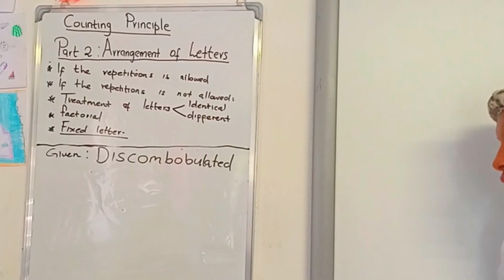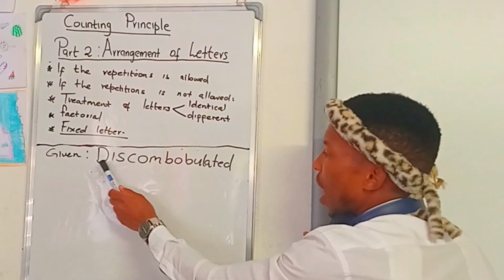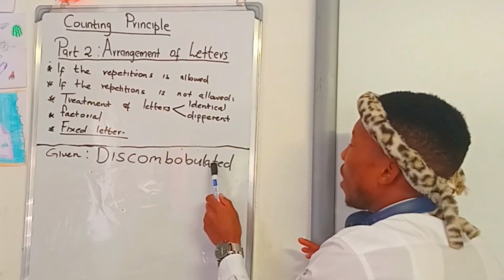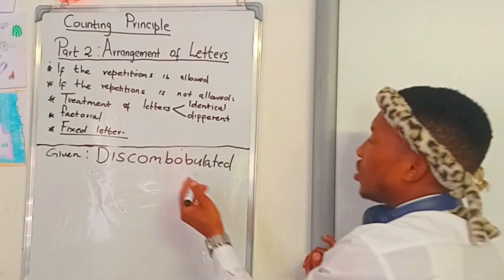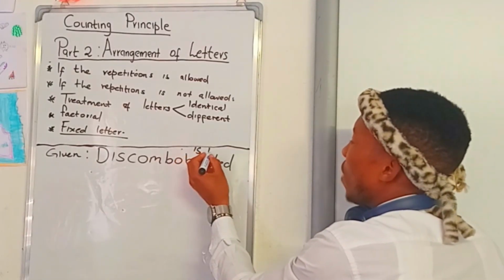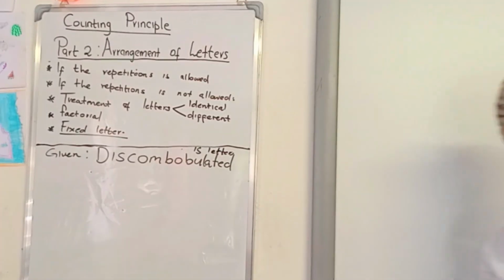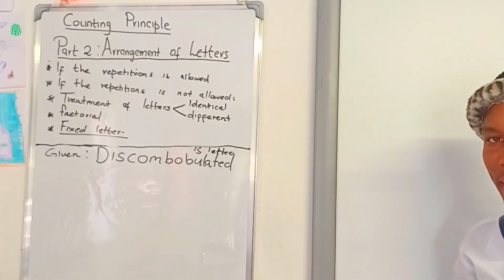This is a big word, so we count how many letters it consists of: 1, 2, 3, 4, 5, 6, 7, 8, 9, 10, 11, 12, 13, 14, 15. It consists of 15 letters, because it's very important to find out how many letters we're talking about in that word first.